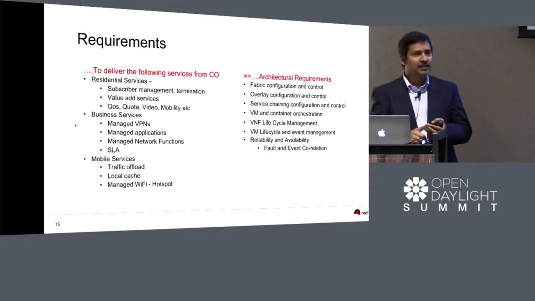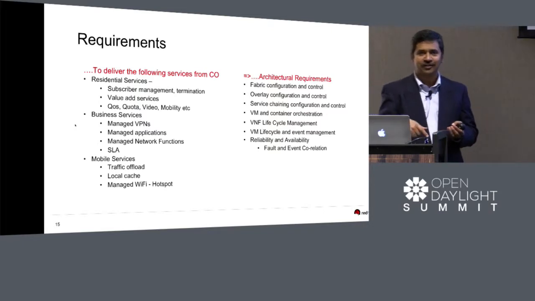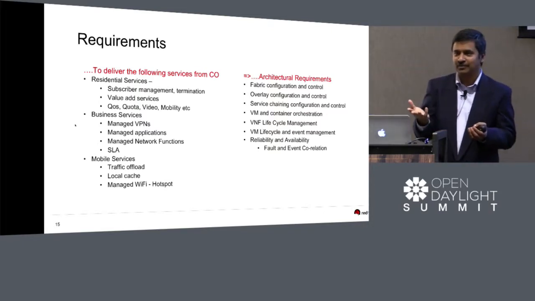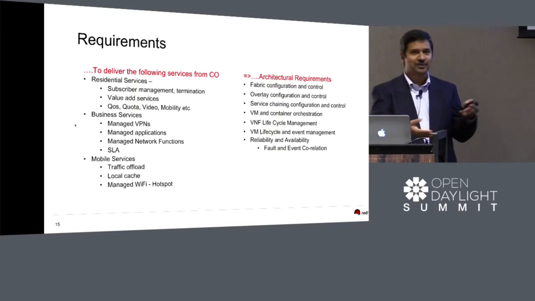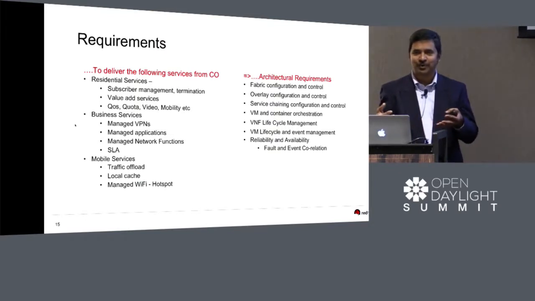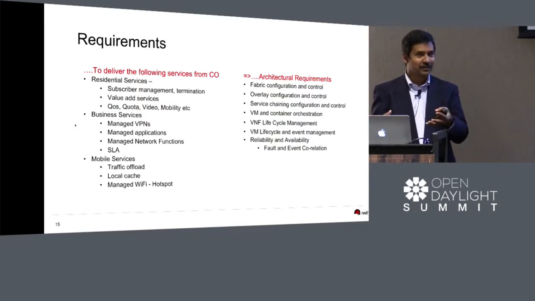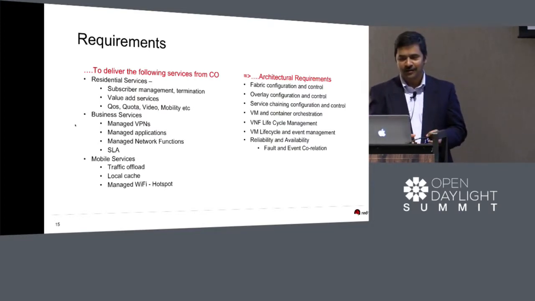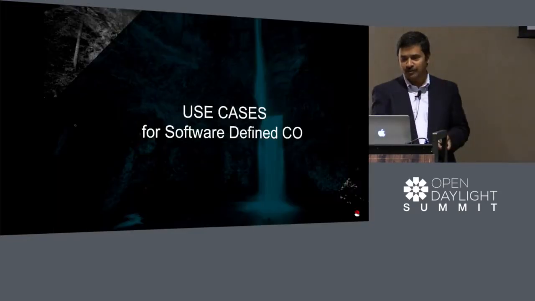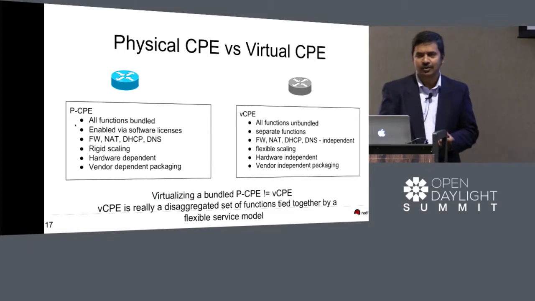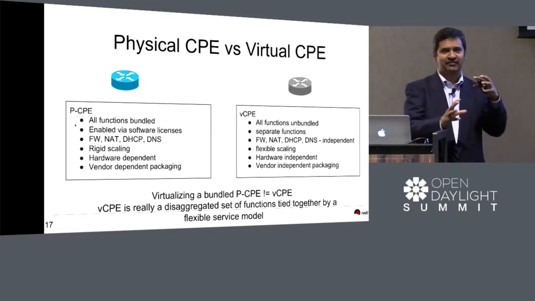We need the ability to manage the containers and virtual machines. And in fact, there was a presentation earlier in this room by Ericsson, I don't know if you happened to witness that. They talked about ODL and Kubernetes integration. I thought that was just perfect to fit this service scenario. We also need VNF lifecycle management and VM lifecycle management, as well as the ability to do fault and event correlation functions from a service point of view, towards the end-to-end. Now let's dig in, because remember, we identified these two cases.